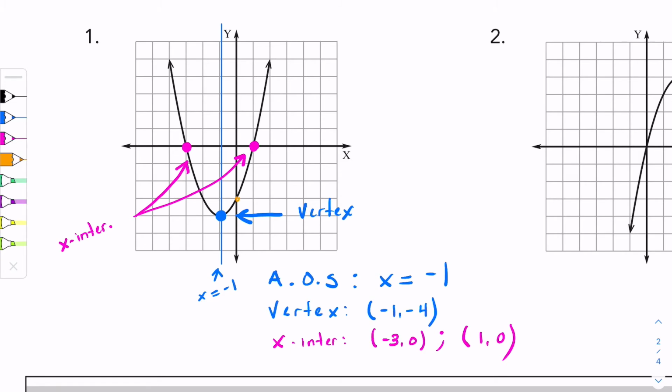The y-intercept is where the graph crosses the y-axis. This point occurs at 0, -3.